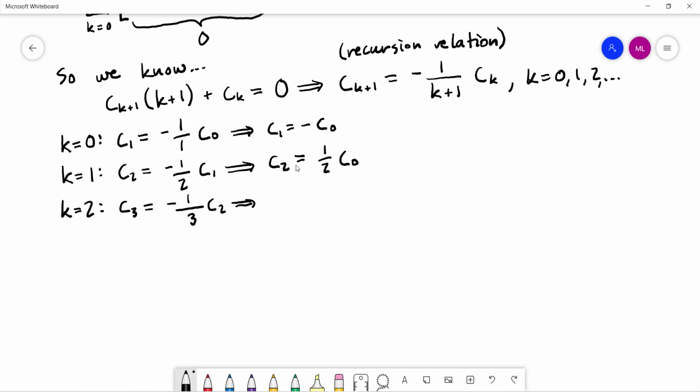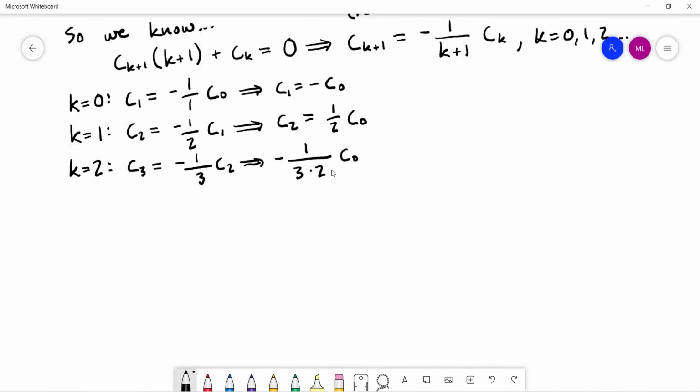But c sub 2 is a half times c sub 0, so now I'm going to get negative 1 over, I'm going to have a factor of 3 from right here, so here's my negative 1/3, times, I'm going to get another 2 in the denominator from this 1/2, times c sub 0. And so on and so forth. So we could continue this indefinitely.